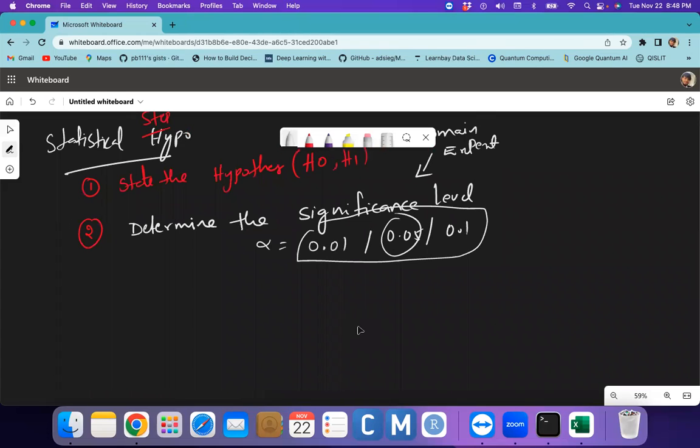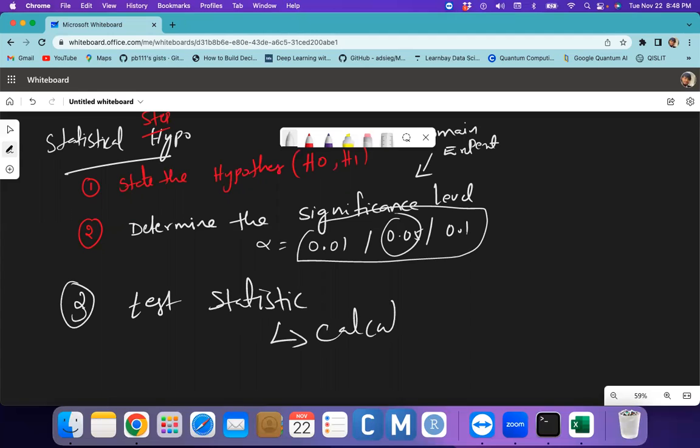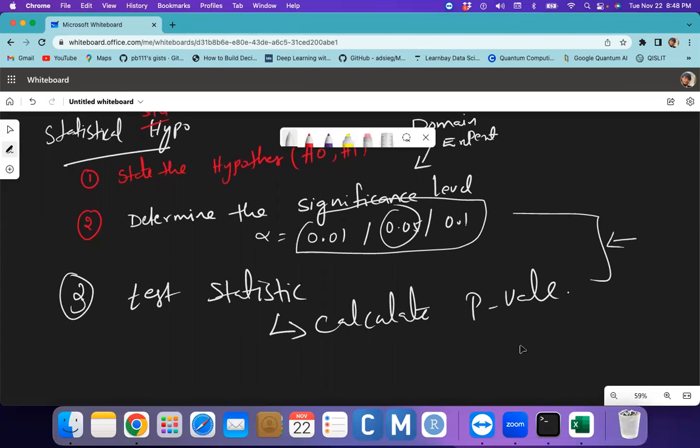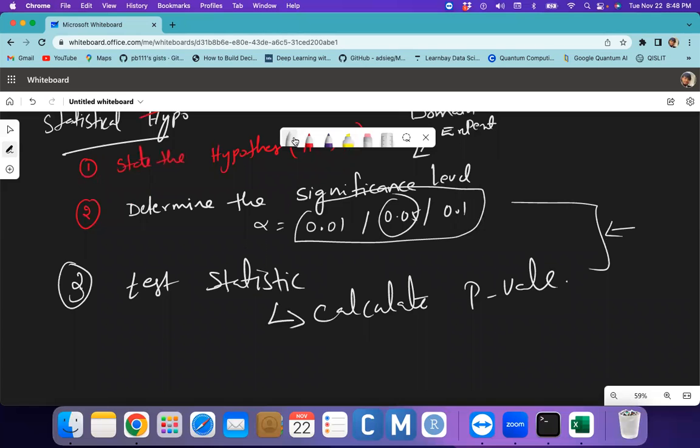Clear? Once you have determined the significance value, then we have to calculate the p-value with the help of the test statistic. With these two values, the significance value and the p-value, when you compare them, we can reject or fail to reject the null hypothesis or alternate hypothesis.